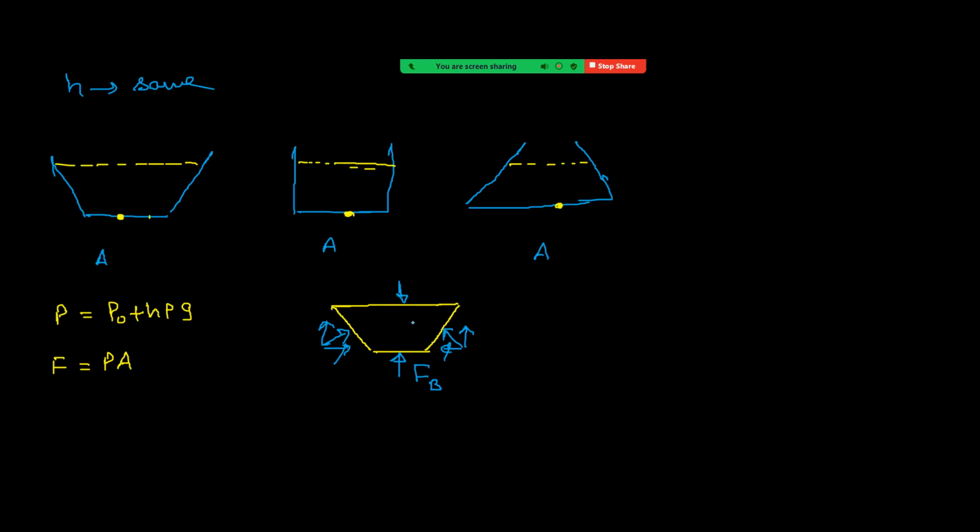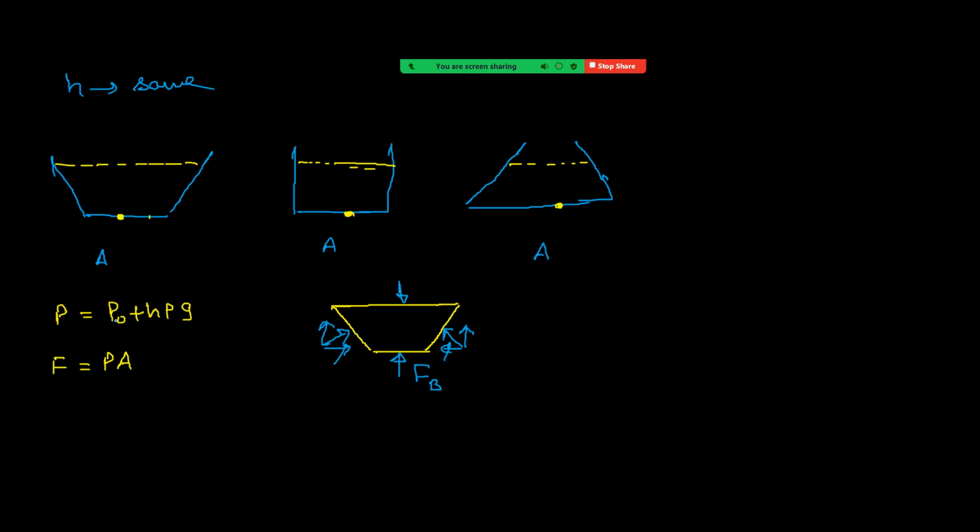That means in this case, even though it has more liquid, more mass, more weight, the force acting by the vessel on the liquid is a net value vertically upwards from the curved part. Force by the curved part of the vessel on the liquid is vertically upwards. Then the force acting from the bottom plus this force is equal to the weight of the liquid.